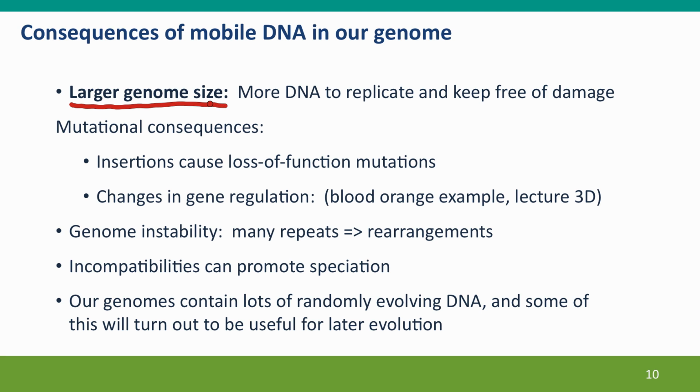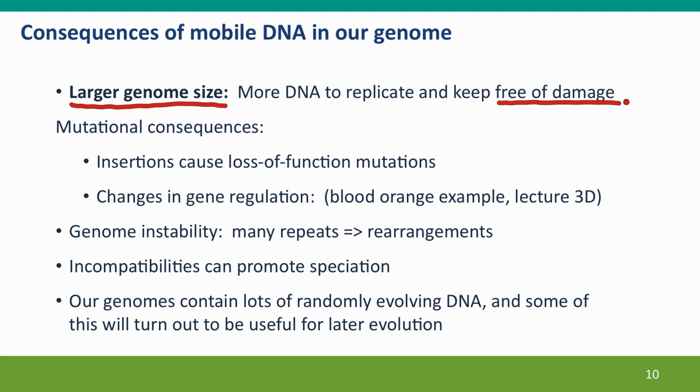It also poses a large burden in terms of the need to keep the DNA free of damage. Most of the DNA, having no function, is free to mutate. That's not as big a problem. But even when the junk DNA gets damaged, it still has to be repaired because any damage to this DNA can prevent replication of the chromosome and thus prevent the cell from being able to divide.